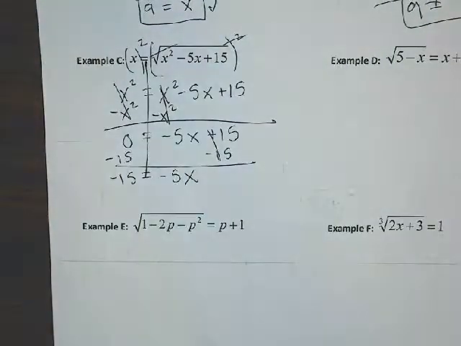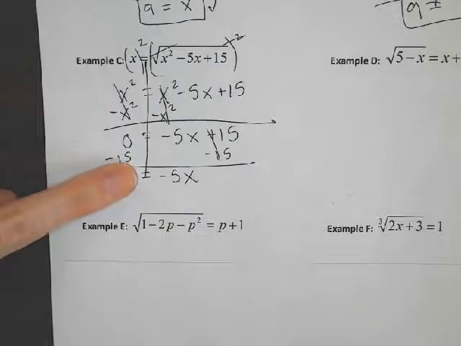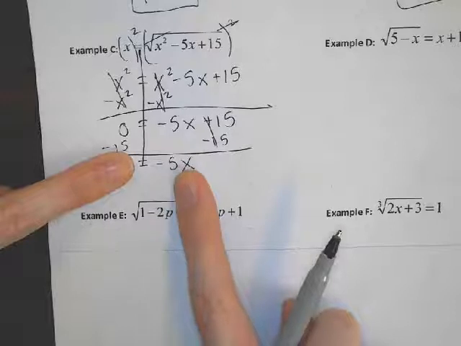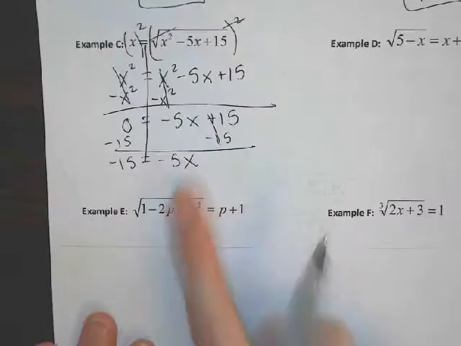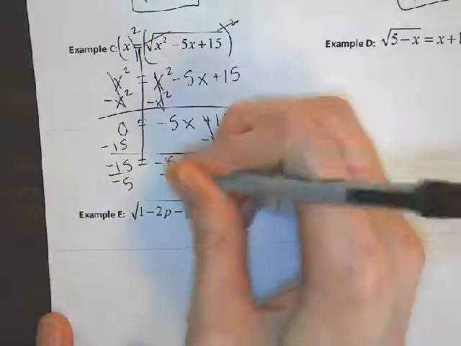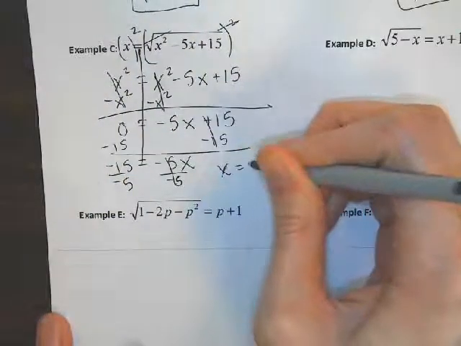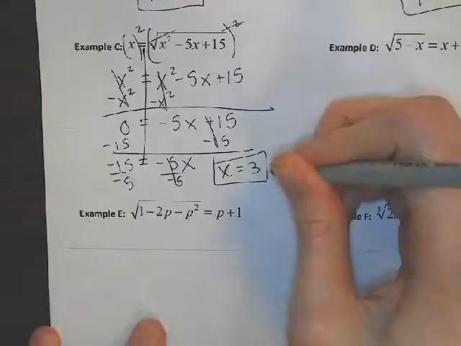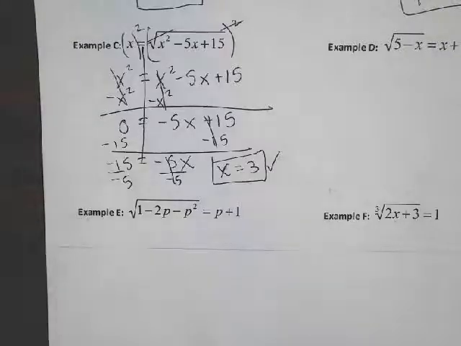And last step, cover up the negative 15. And what is the negative 5 doing? It's multiplying because it's attached. So divide it by negative 5. And we get x equals 3. Alright, and so to save some time, this one is a real solution. I understand that you guys know how to plug things in. So that's a real solution.